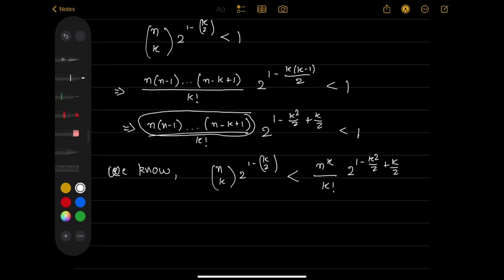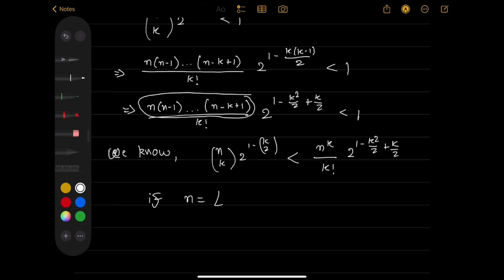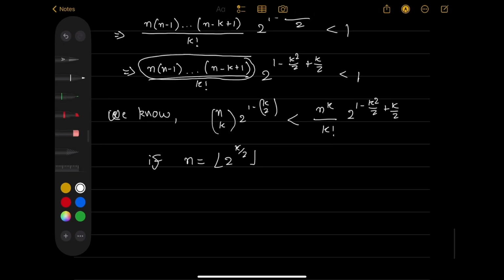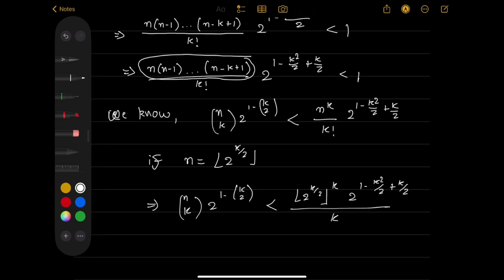And now if we take n equal to floor of 2 to the power k by 2, what will happen? We have n choose k times 2 to the power 1 minus k choose 2 is less than floor of 2 to the power k by 2, raised to k, times 2 to the power 1 minus k squared by 2 plus k by 2, whole thing divided by k factorial.